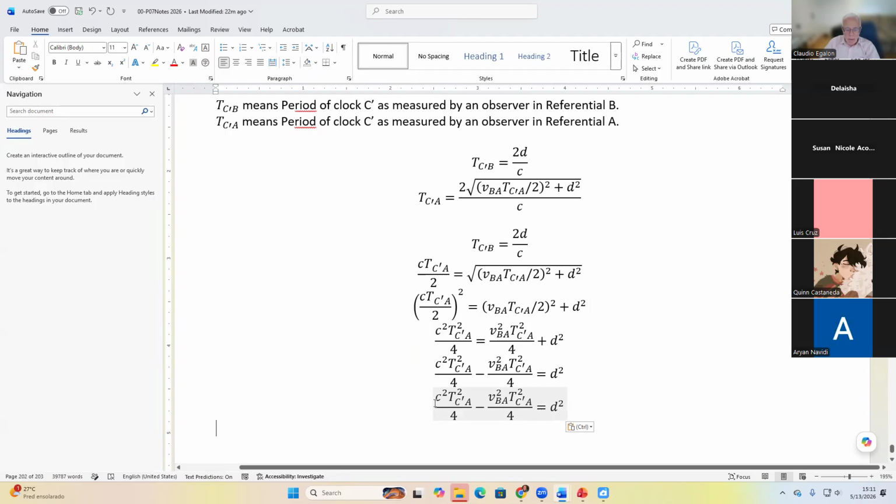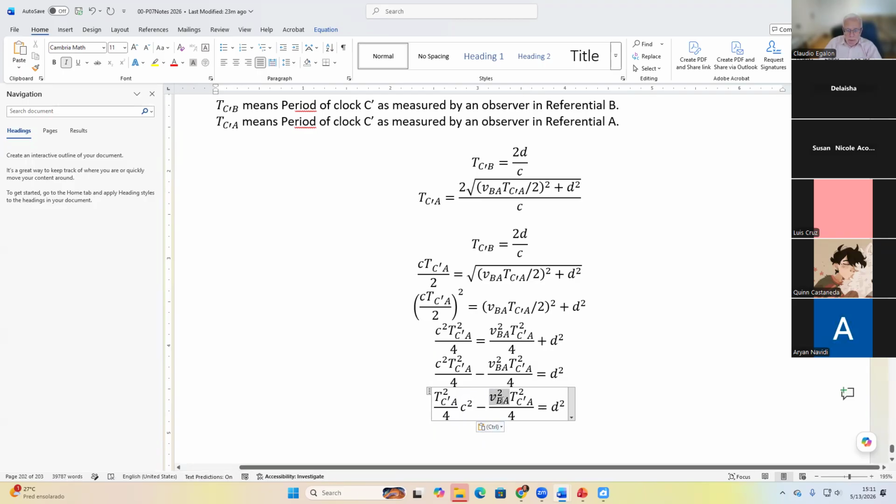Let's see how we're going to do that. You know what? No, we already did that, right? Is the c square and the v square that will... I'm going to put the c right in here.